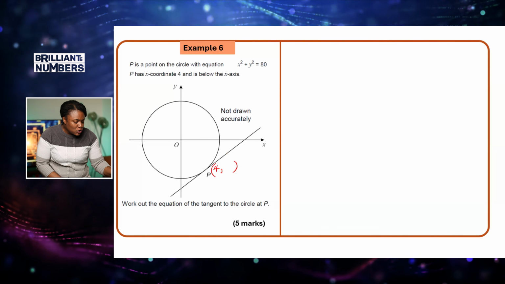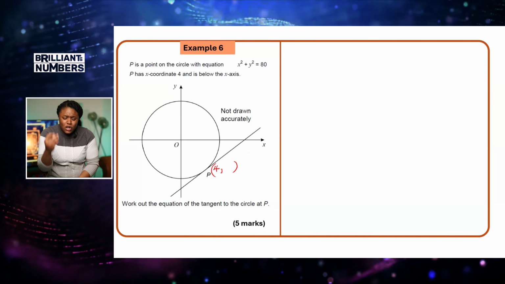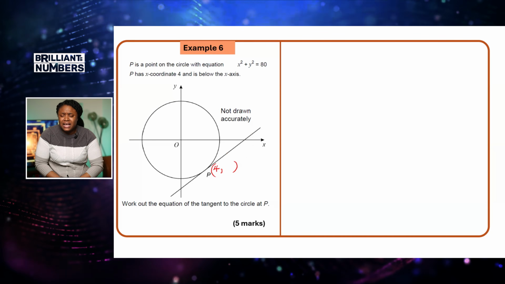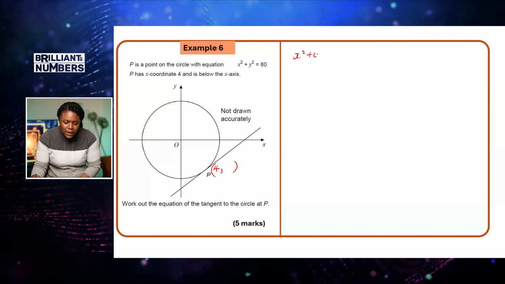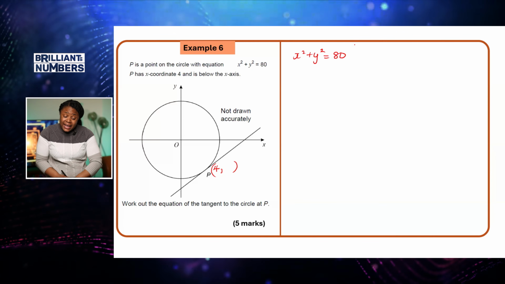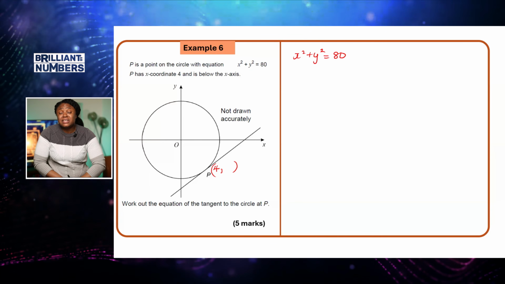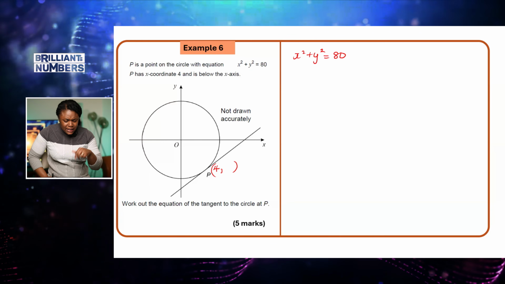Because I know the equation of the circle is x squared plus y squared equals 80, I can find the y coordinate of P because I know the x and I can substitute that in. But let's read a little further.